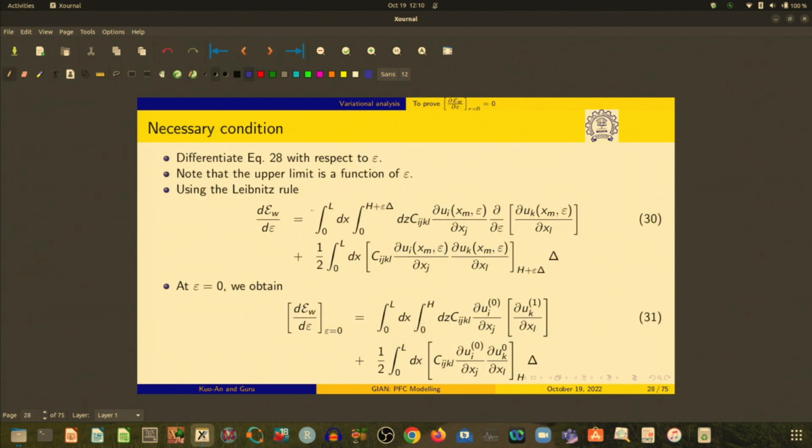So, if you do, you see that d/d epsilon of the energy for the wavy interface consists of two terms. This term is the one where I have taken the integration and multiplied by the d/d epsilon of the limit, because this is h plus epsilon delta.